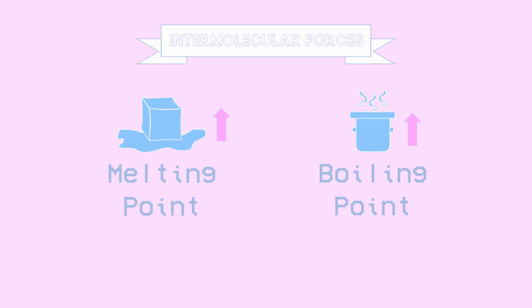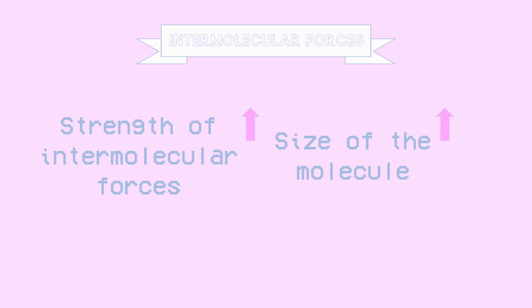The stronger the intermolecular forces, the higher the melting point and boiling point of the substance. The strength of the intermolecular forces increases as the size of the molecule increases. In other words, there is a directly proportional relationship between the two of them. Here is an illustration showing the intramolecular and intermolecular forces in water.